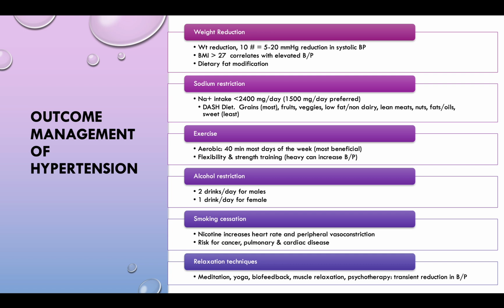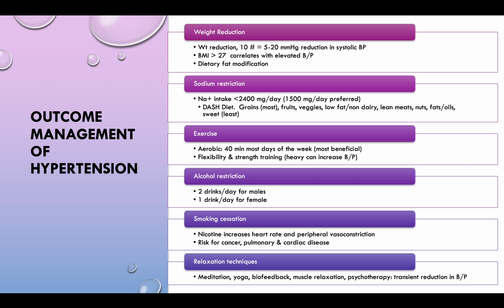Exercise is good not only for weight reduction, but also for increasing aerobic capacity and overall cardiac health. It's recommended that aerobic exercise be done 40 minutes most days of the week. That's the most beneficial as far as recommendations go. And also strength training and flexibility can help to help with lowering blood pressure.